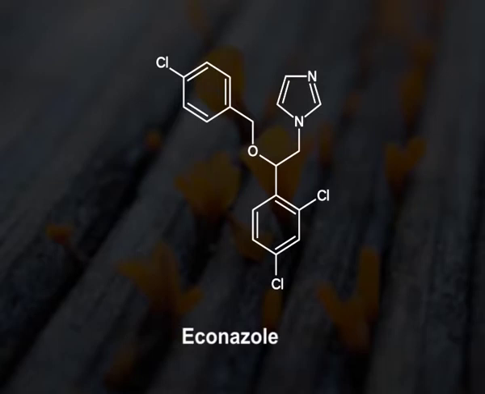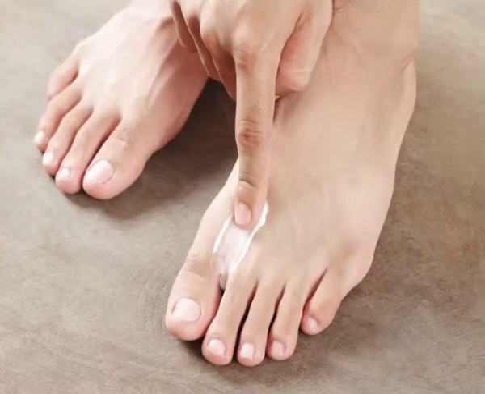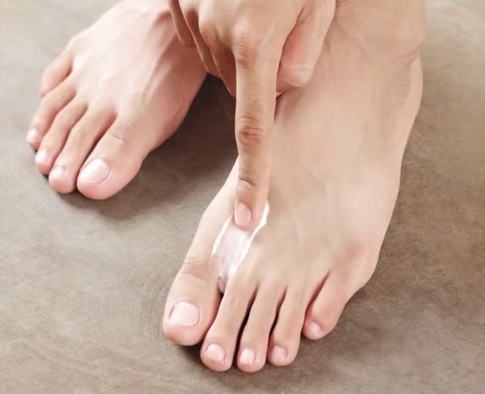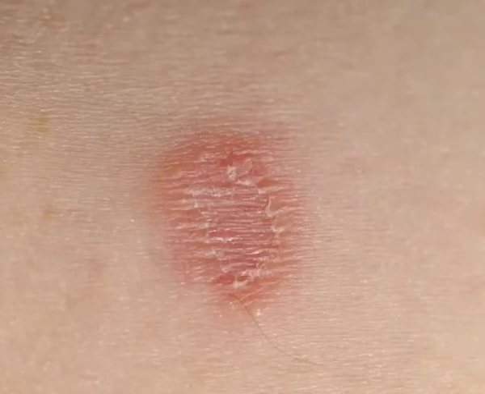Now the next drug is econazole. Econazole is used as a nitrate salt. It is an antifungal medication of the imidazole class. It is used as a cream under the brand names Spectazole, Ecostatin, Pevaryl and Pevisone, the latter consisting of the combination econazole and triamcinolone, to treat skin infections such as athlete's foot, tinea, pityriasis versicolor, ringworm and jock itch.